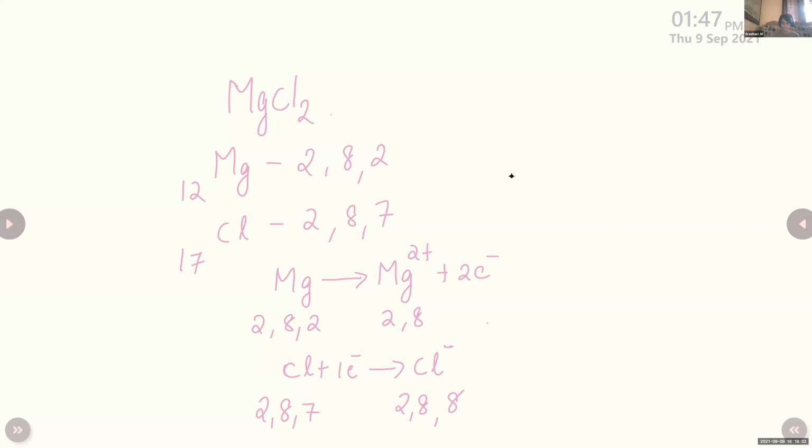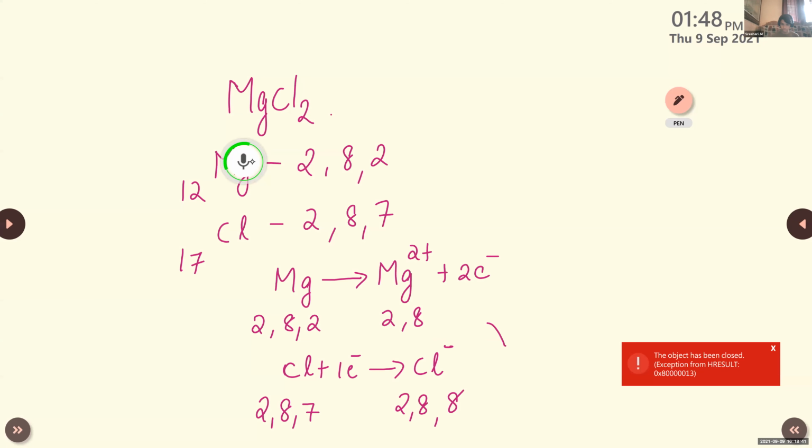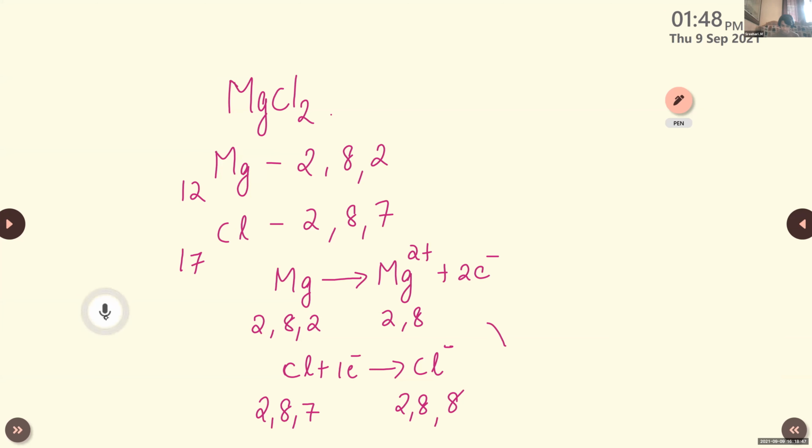Is it visible? Have you completed? Then we can draw the Lewis structure for magnesium chloride.